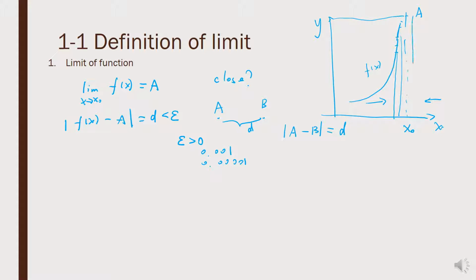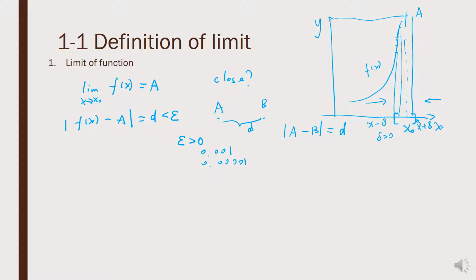So it means we have a certain range here, and then we have a left limit called x0 minus delta. Delta is like epsilon, which is positive but also very small, and x0 plus delta for the right side limit here.